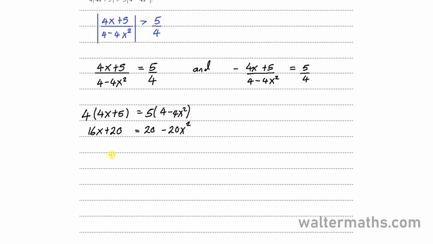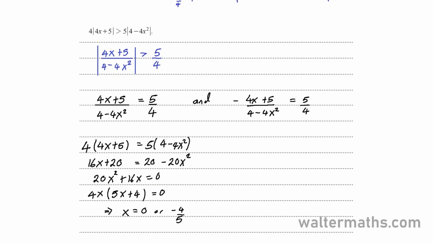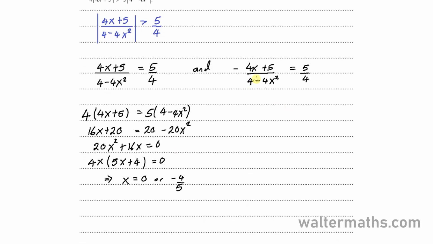So that will give us 20x squared plus 16x equal to 0, such that if we factor out 4x, we get 4x times (5x plus 4) being equal to 0. So here we'll get the values of x as 0 or minus 4/5.